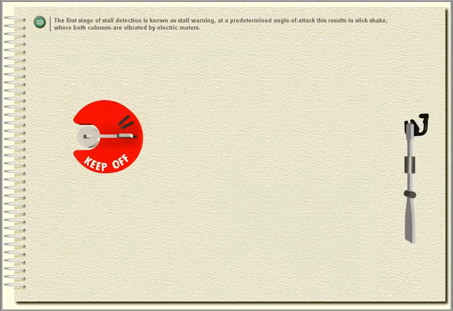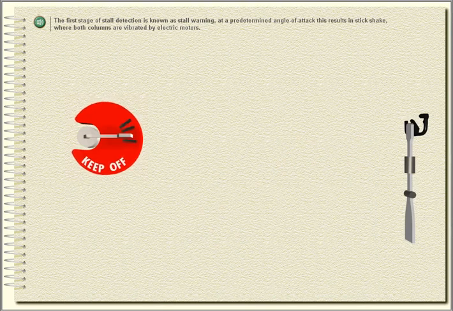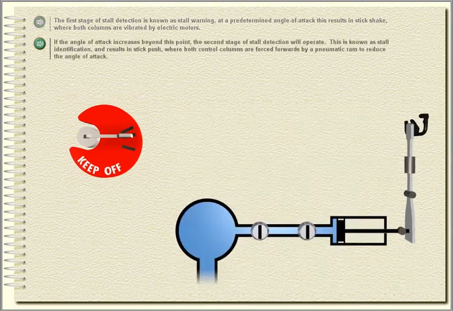The first stage of stall detection is known as stall warning. At a predetermined angle of attack, this results in stick shake, where both columns are vibrated by electric motors. If the angle of attack increases beyond this point, the second stage of stall detection will operate.